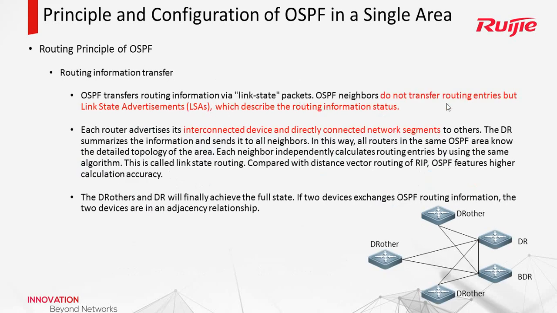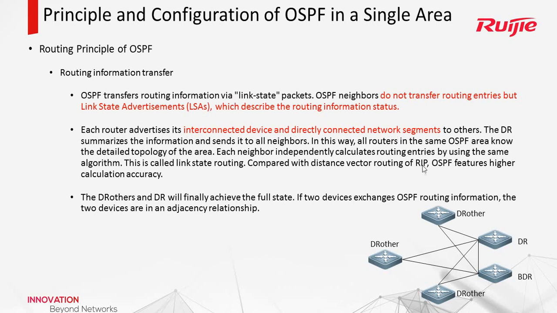Just pay attention. OSPF neighbors do not transfer routing entries, but link state advertisements. This is an OSPF packet, and it is used to describe routing information status. So each router advertises its interconnected devices and directly connected network segments.